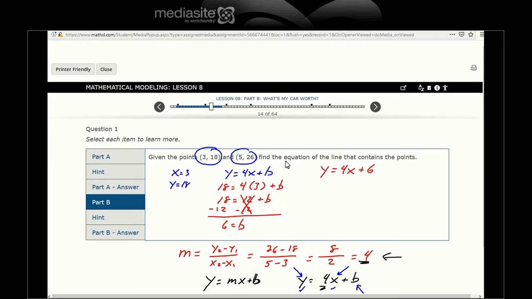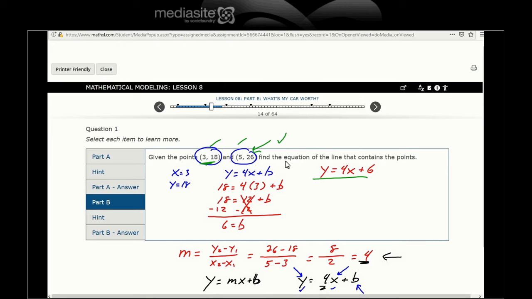But as I say, the proof is in the pudding: this equation needs to work for both points. I used 3, 18 to find that value, so let's now use my other point as a check.